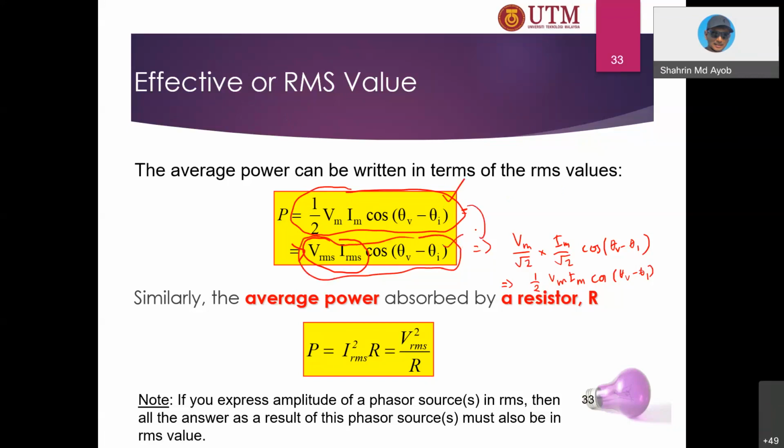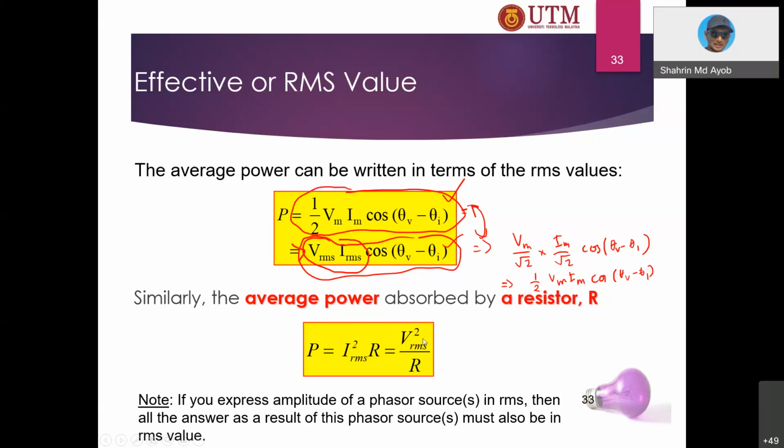The two are interchangeable. If you are using Vm Im, you need to divide by 2. But if your voltage and current are already in RMS, use the second equation.